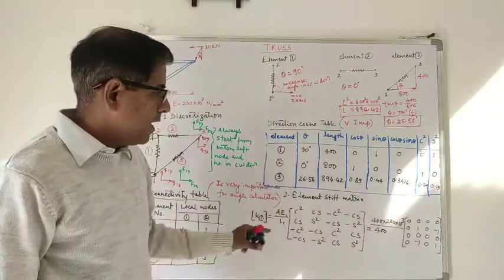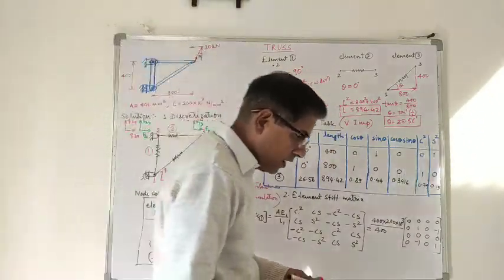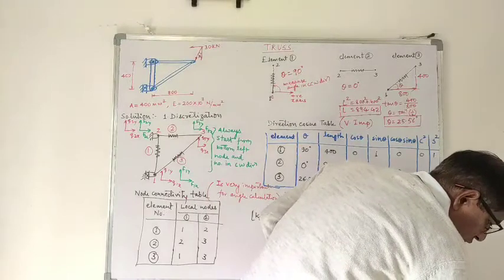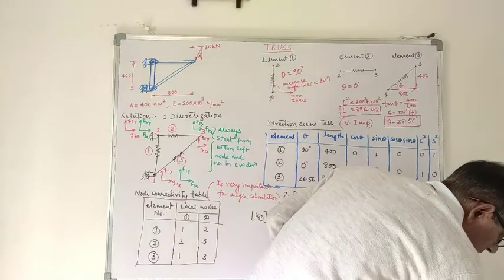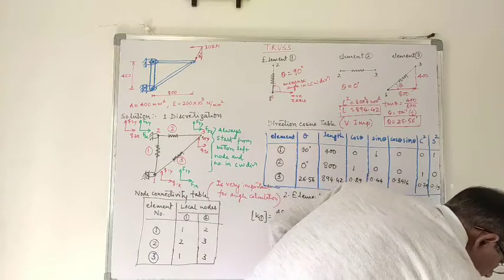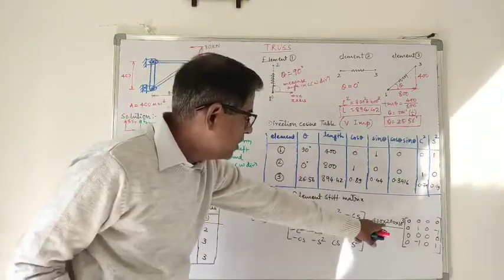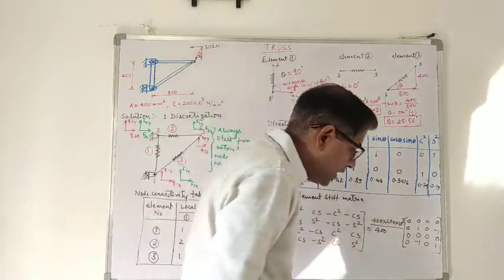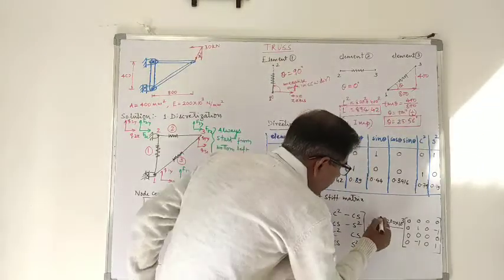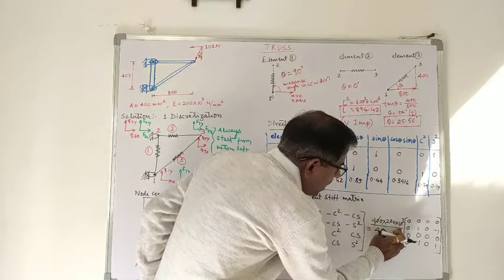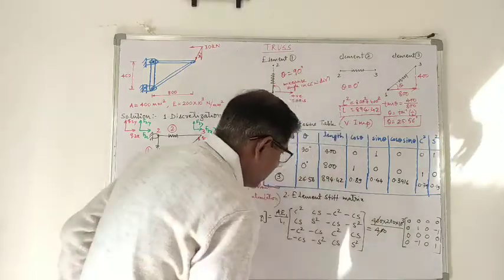Okay, and you find the element stiffness matrix for the first element. We keep 200 here, and 10 to the power 3 outside, so the 400 gets cancelled.